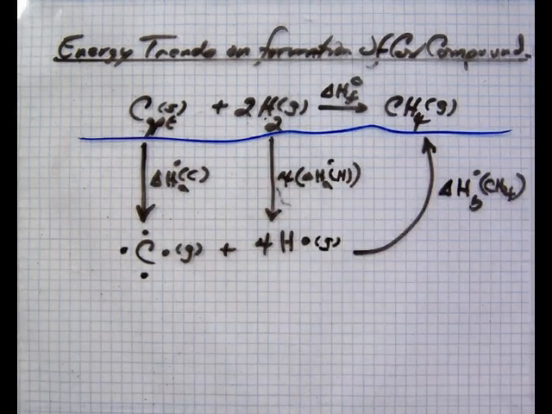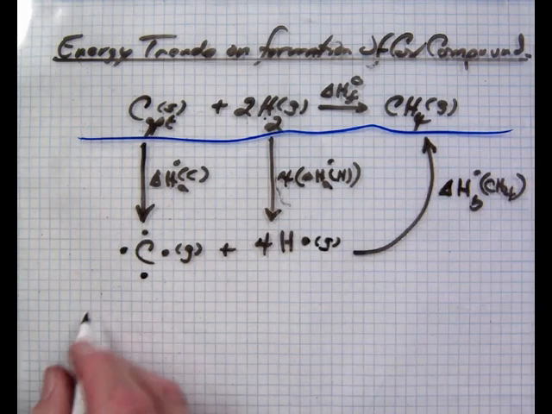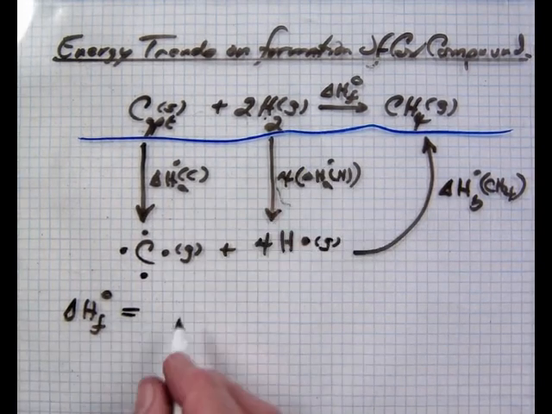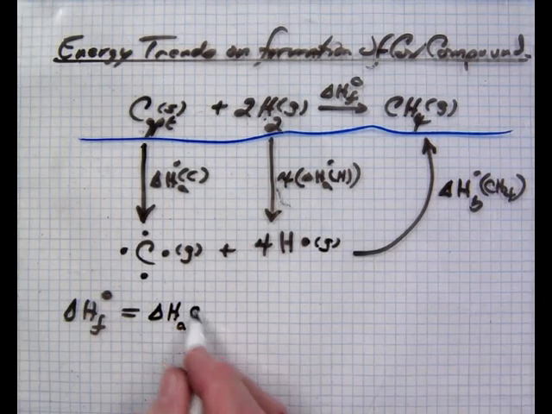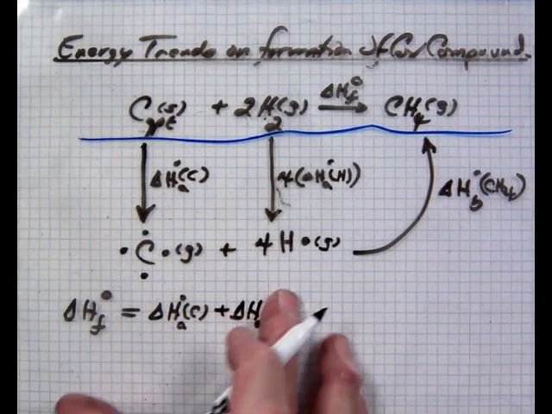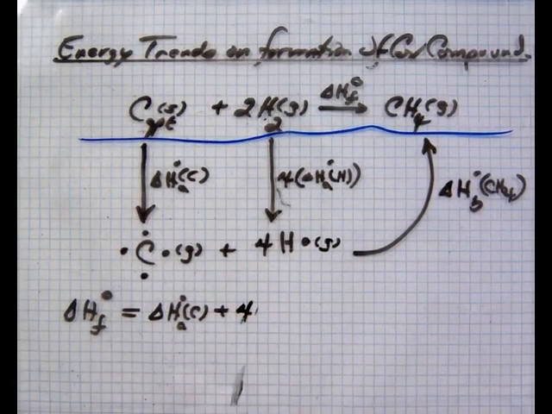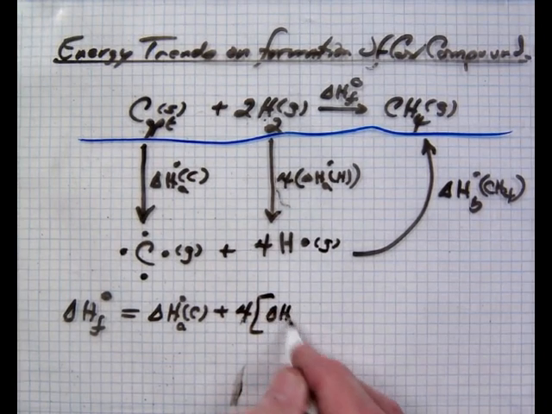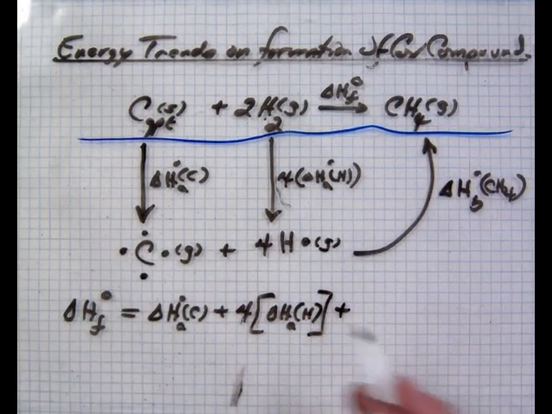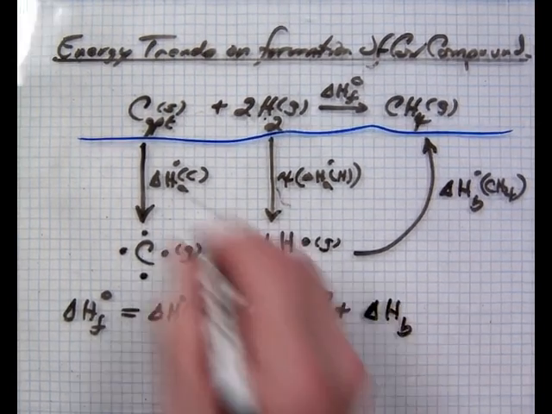And just like the Born-Haber cycle, we use the same trend. The delta H F up here for methane is equal to delta H A for carbon, standard, plus delta H atomization, 4 times delta H A for hydrogen, plus the delta H B. Then 1, 2, 3, 4.